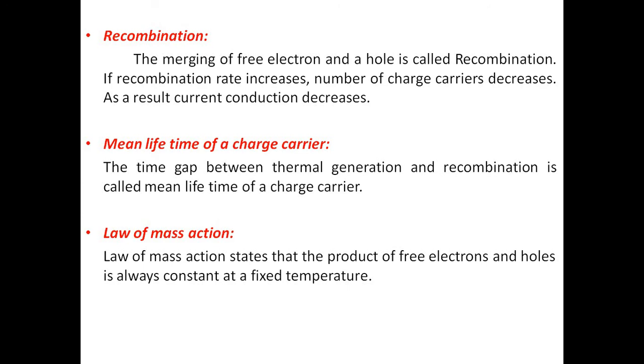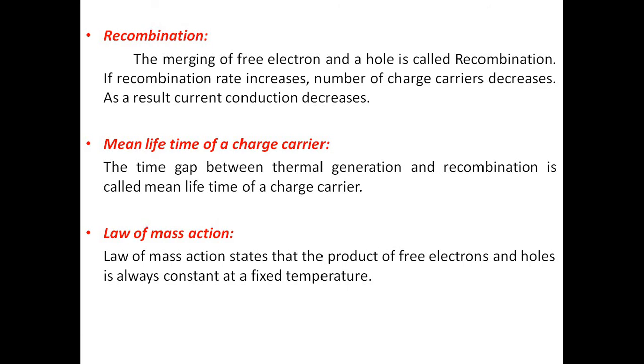If they break, the number of free electrons and the number of holes are equal. We know that. And what the law of mass action states is that the product of electrons and holes is always constant at a fixed temperature.